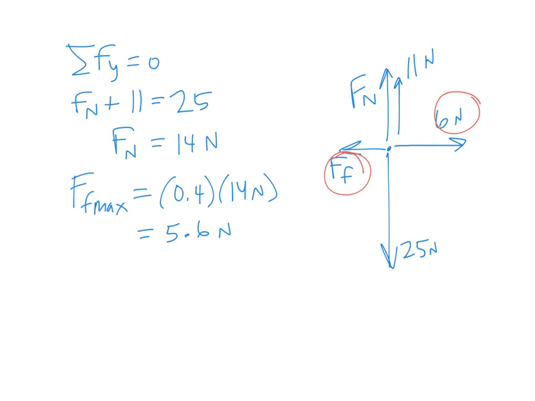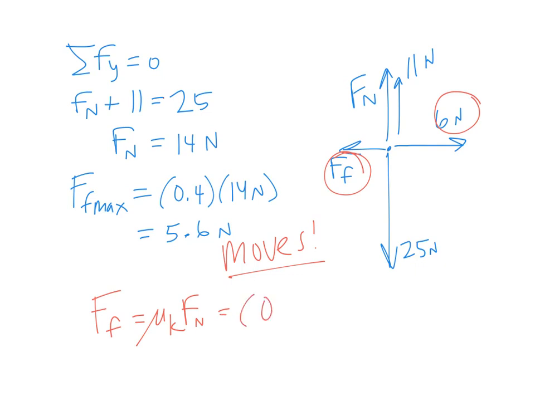So this object moves, so I have to use kinetic. The kinetic frictional force is mu sub k times the normal force. So that's back to using the 0.25. I can't just use the same value that I calculated in part B because my normal force changed. So now we're at 14 newtons. And that is 3.5 newtons of force.